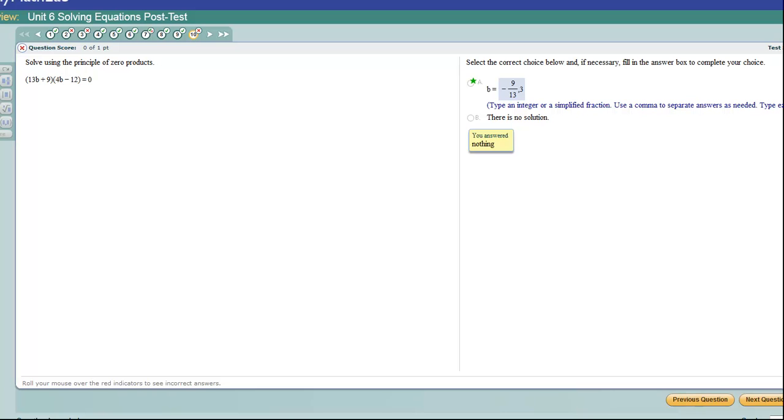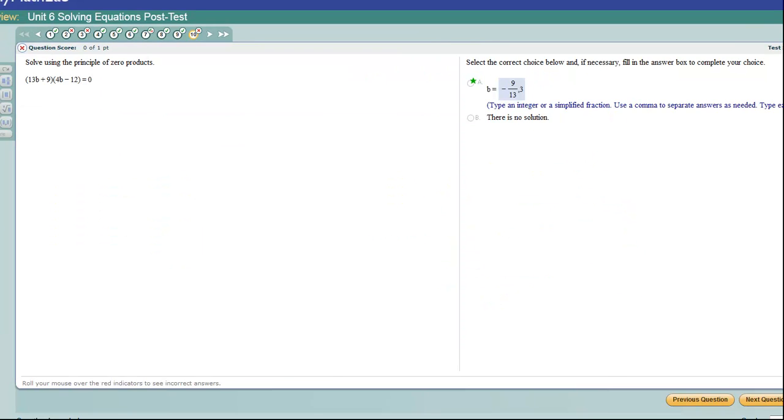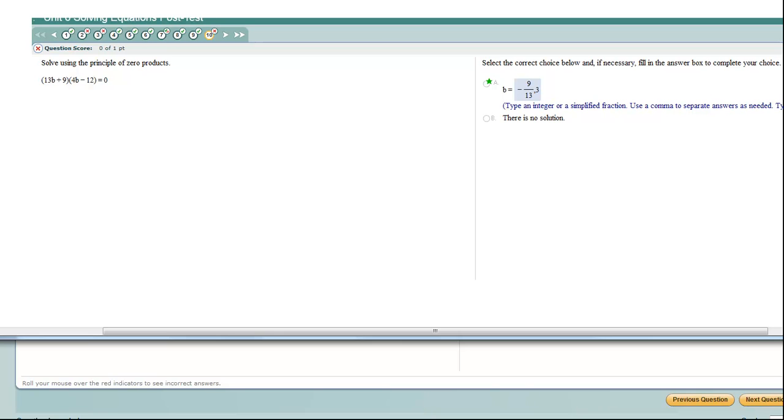Okay, on this one, you didn't answer it, so let's take a look at what's going on. First, we want to solve using the principle of zero products.